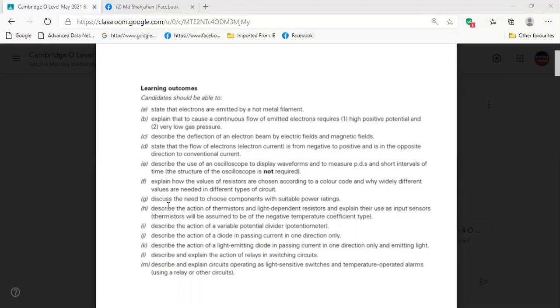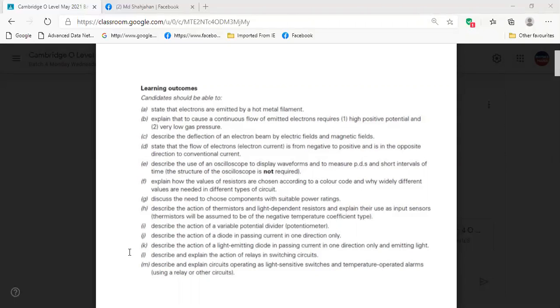Can you read this part, Karim, from G to M? Discuss the need to choose components with suitable power rating. Describe the action of the thermistor and light-dependent resistors and explain their use as input sensors. The thermistor will be assumed to be the negative temperature coefficient type. I. Describe the action of a variable potential divider, potentiometer.